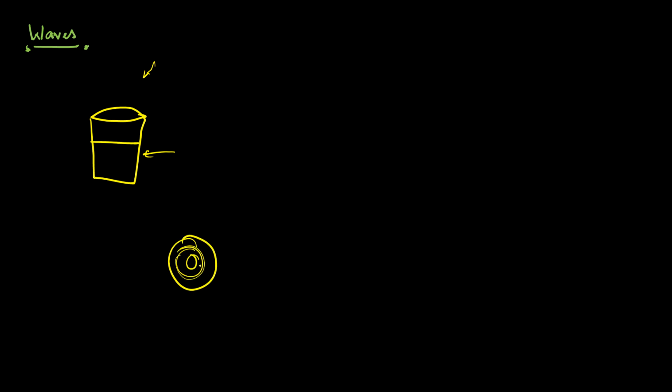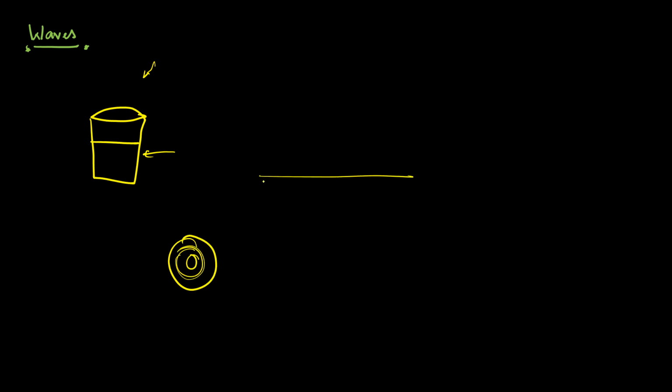So let us start with waves. Basically, what is a wave? Any particular disturbance that is formed in a medium is known as a wave. For example, if you have a glass of water and you disturb it and look from the top, you can see ripples.